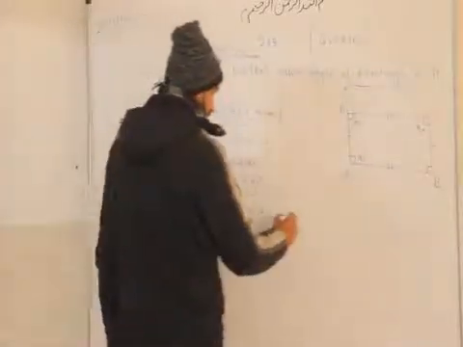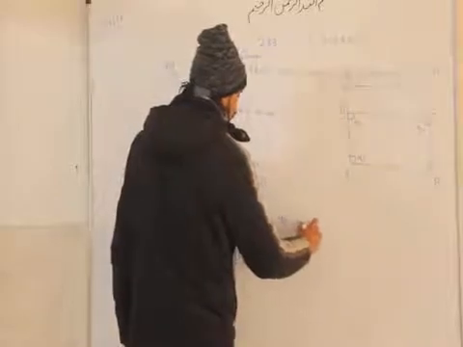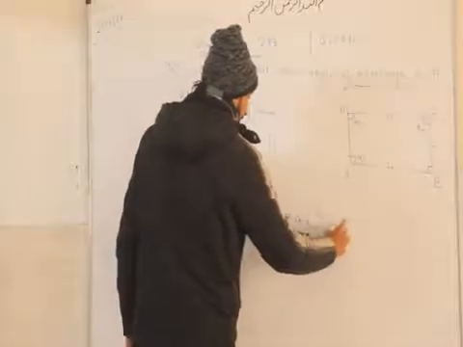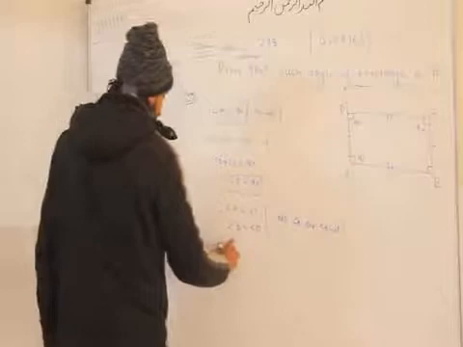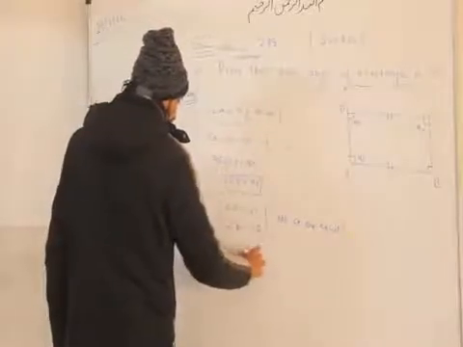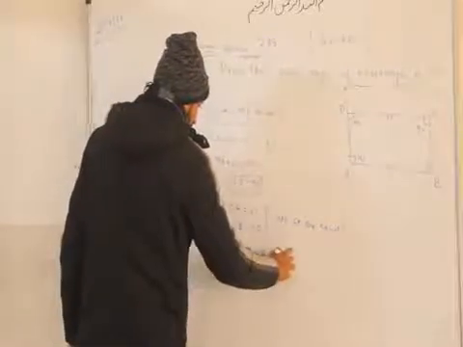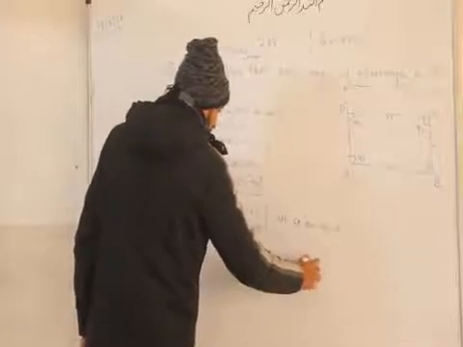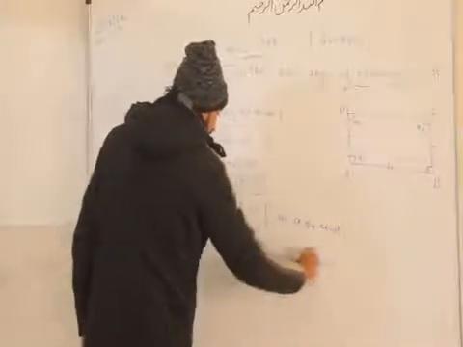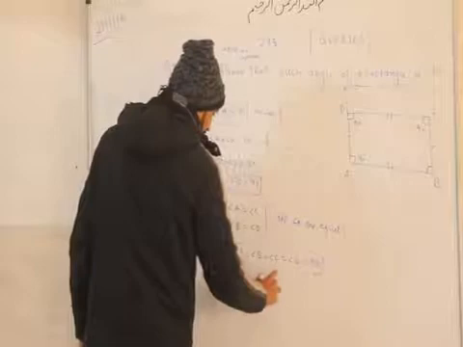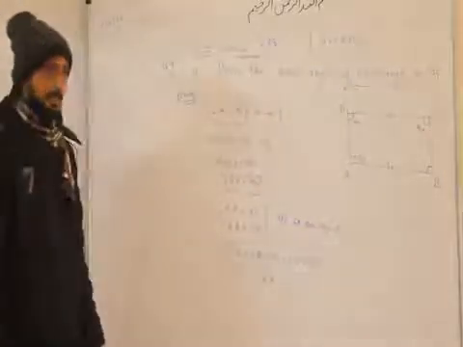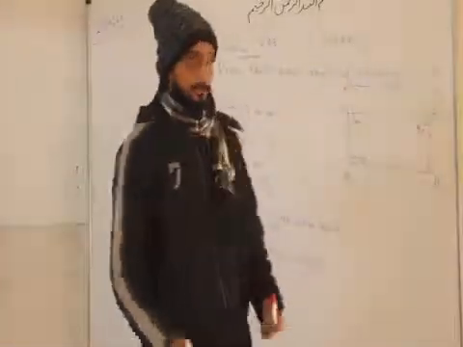Therefore, angle A is equal to angle B is equal to angle C is equal to angle D is equal to 90 degree, hence proved. Okay, so these are the required things.